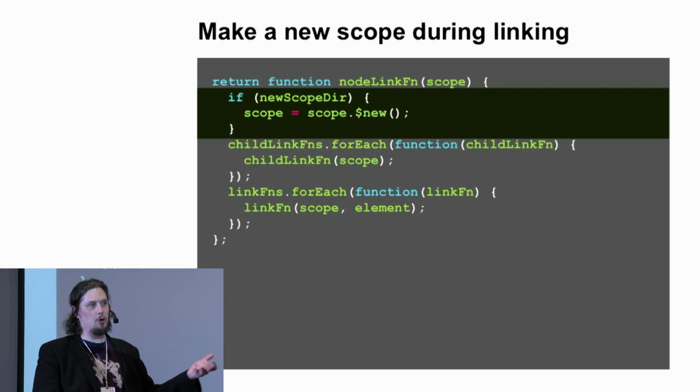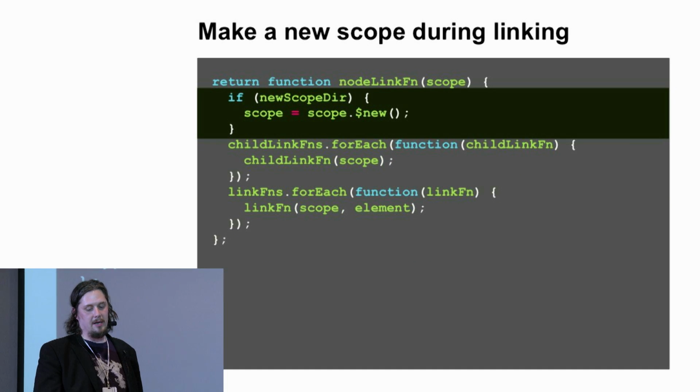If there is, we create a new scope by calling the new method on the scope that we were given. That gives us a new child scope for that particular scope. And then we use that scope for everything from that point on. All the directives on this node get that new scope, all the child nodes get that new scope, and that is how you end up with these two hierarchies, because we essentially replace the parent scope for this particular node subtree.